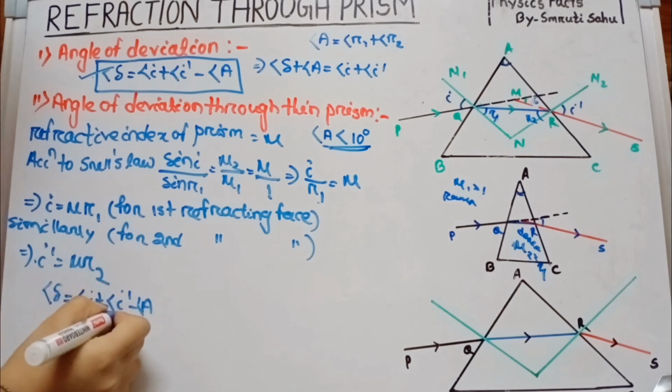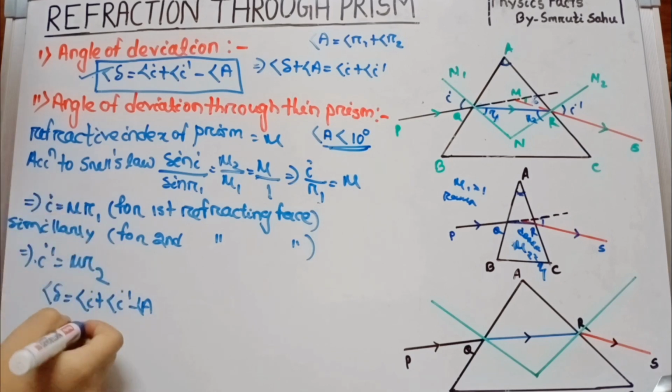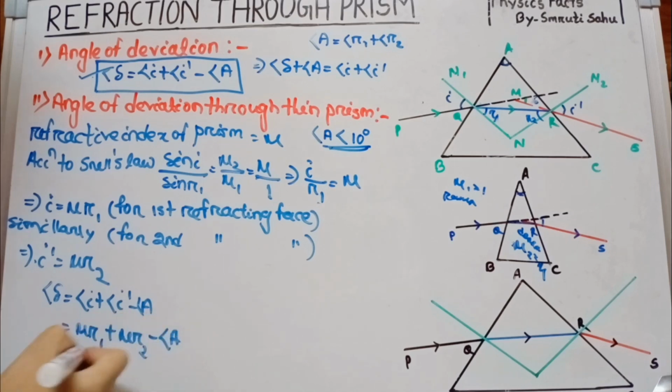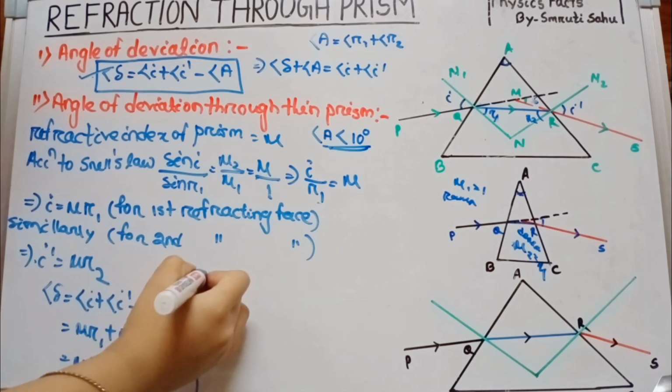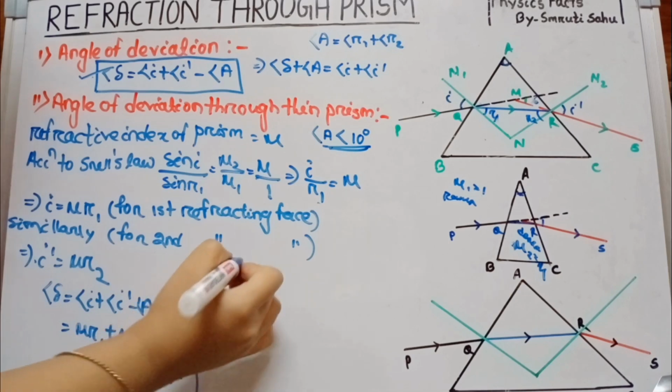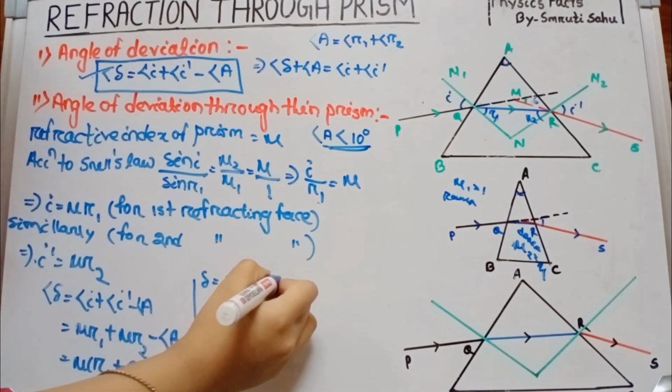Putting in the values of I and I prime, we get mu R1 plus mu R2 minus A. Taking mu common, we get mu into R1 plus R2 minus A. Here R1 plus R2 is the angle A. So mu into angle A minus angle A.